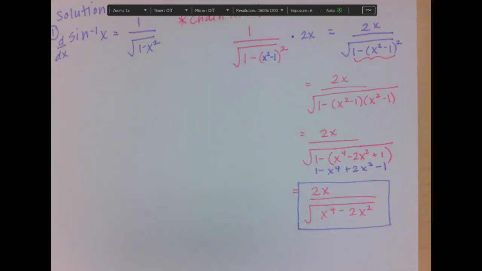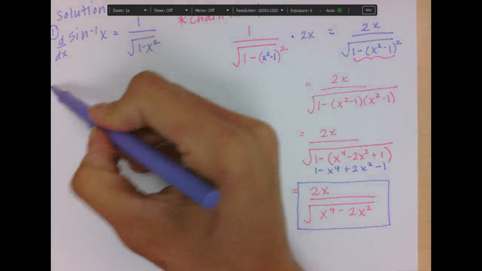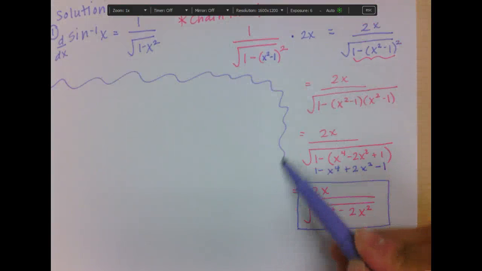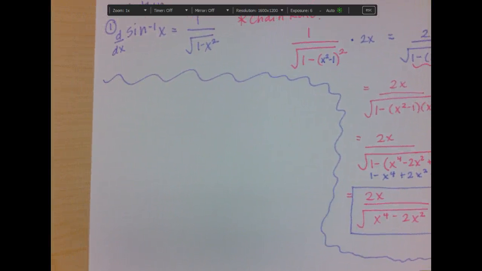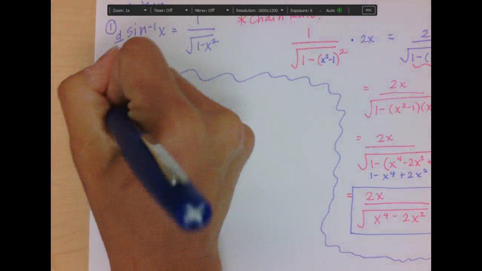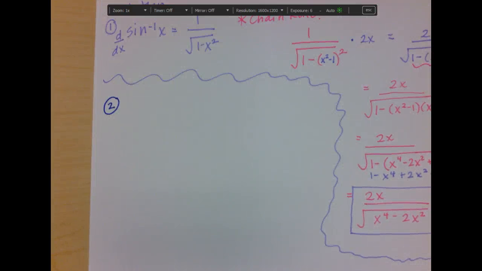Alright, let's take a look at the second example. I did a lot of work here that I'm going to try to work around to stay on the same page, so let me scoot this over a little bit. The second example has us finding the derivative of the cosine of the inverse sine of x.